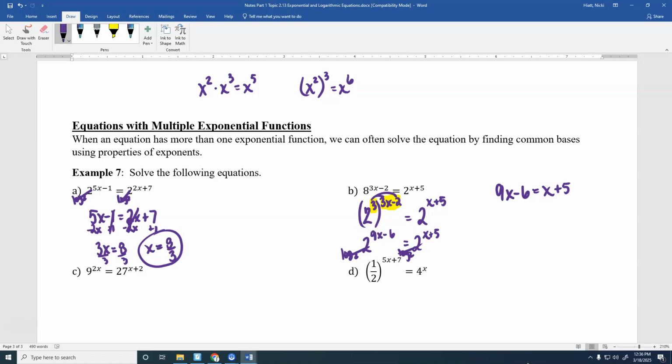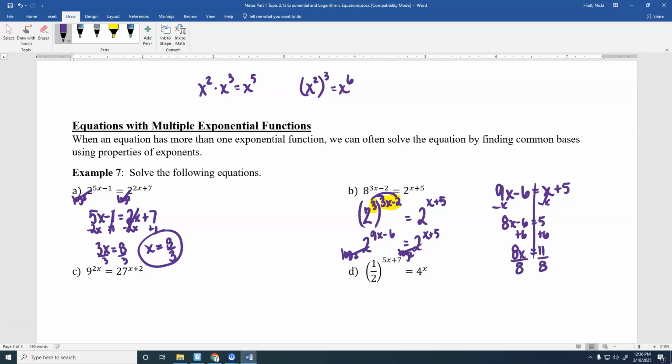So for that, Giovanni, how would I solve that equation? Good. That'll give me 8x minus 6 equals 5. And then? Good. So 8x equals 11. And last thing?